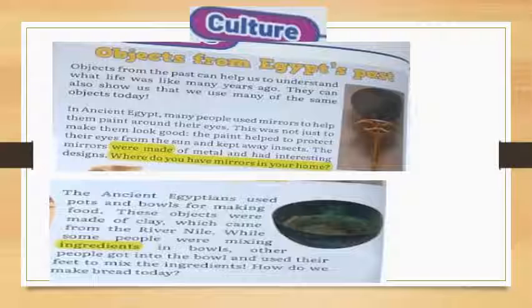Pay attention in this conversation or dialogue. While some people were mixing ingredients in bowls, other people got into the bowls and used their feet to mix the ingredients. How do you make bread today?